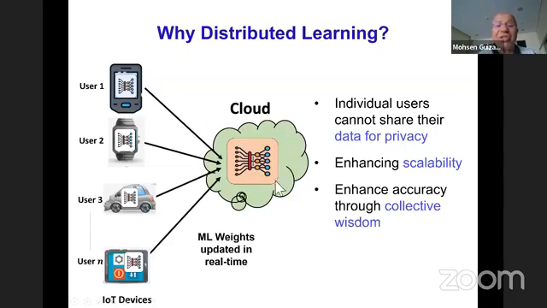So in federated learning, we don't send the whole data. We send what's called machine learning weights or represented parameters only, rather than sending the whole data.